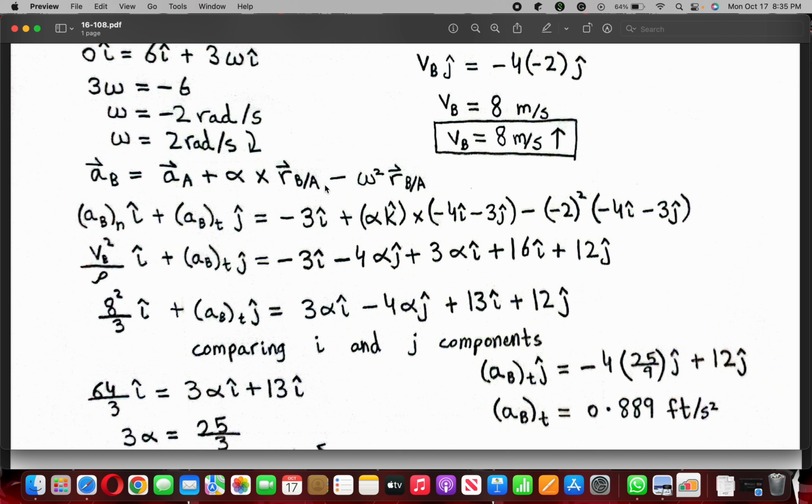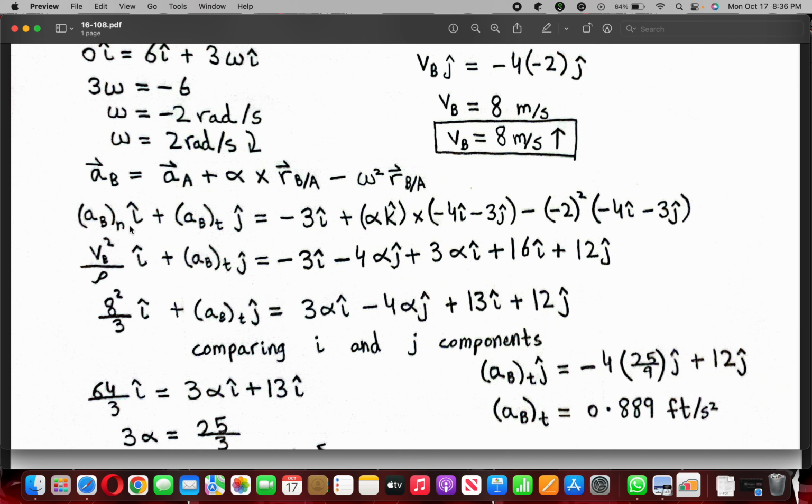Then alpha, which is k, we don't know the direction or any value, times minus 4i minus 3j from the triangle we formed, and omega is minus 2, which we found previously.